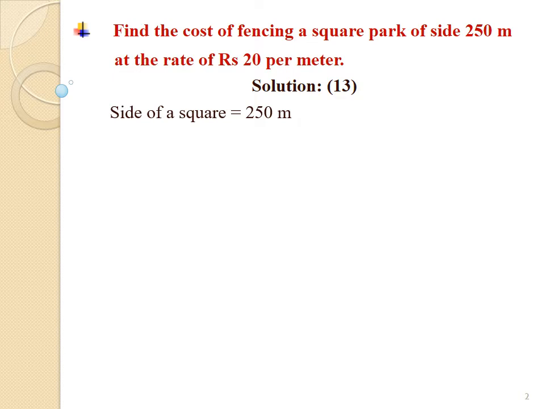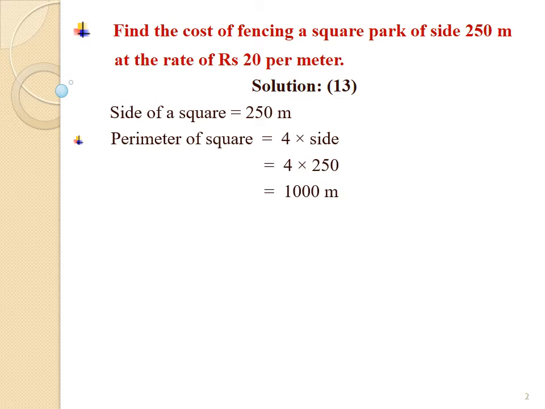Thus, the perimeter of a square equals 4 multiplied by side. Now, multiplying 4 by 250, we get 1000 meters. Thus, the perimeter of the square park is 1000 meters.